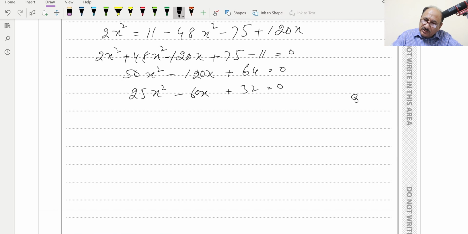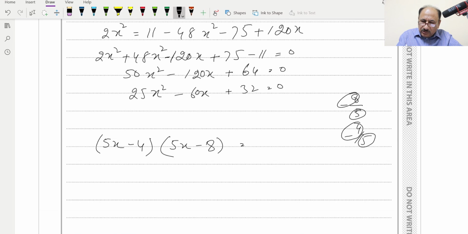So I will write here 8 by 5 and 4 by 5, change sign and utilize these values. I will take this 5, so I will write here, I'm keeping space, so it will be 5x, and this minus 4 value I will write over here. And for the second term I'm taking this 5, so 5x and minus 8 value, so minus 8 is equal to 0.